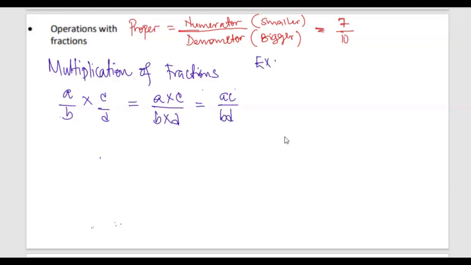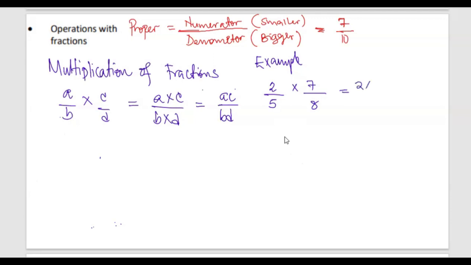Example, let me change it a little bit, sorry. Let's say 2 over 5 times 7 over 8.